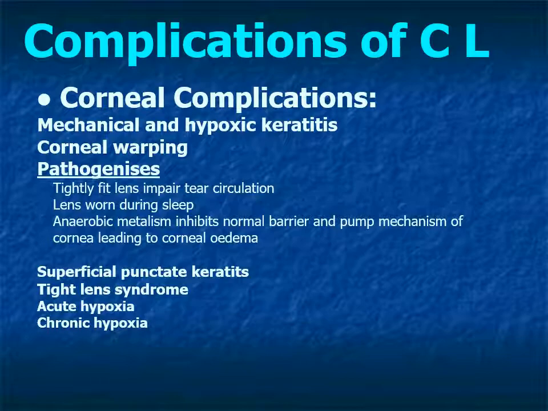So circulation of oxygenated tears behind the lens is an important mechanism of providing oxygen to the cornea. The presence of a contact lens may modify the normal circulation of tears, causing hypoxic damage to the tissues.